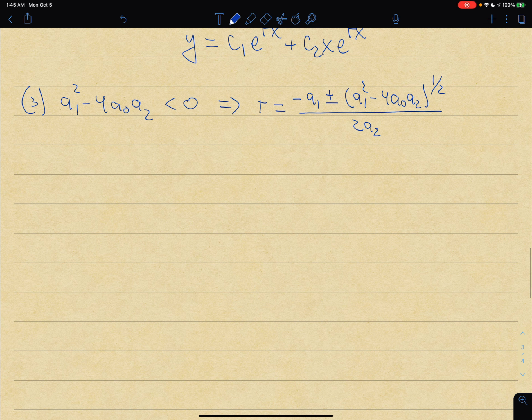Now, in this case, clearly r doesn't have any real solutions. The characteristic equation doesn't have any real solutions because the expression under the square root is negative.